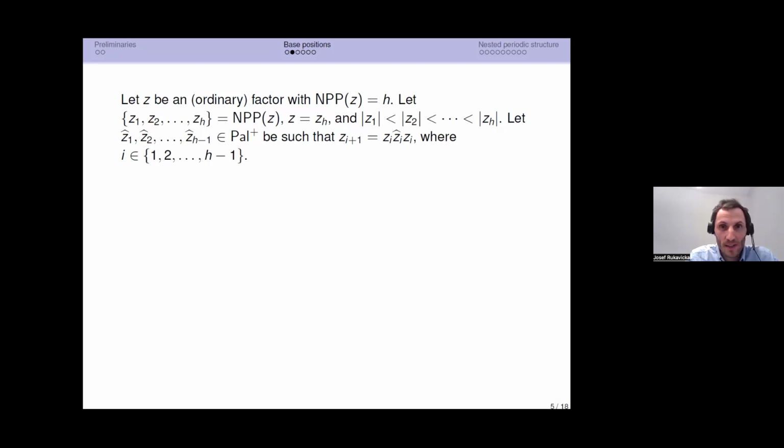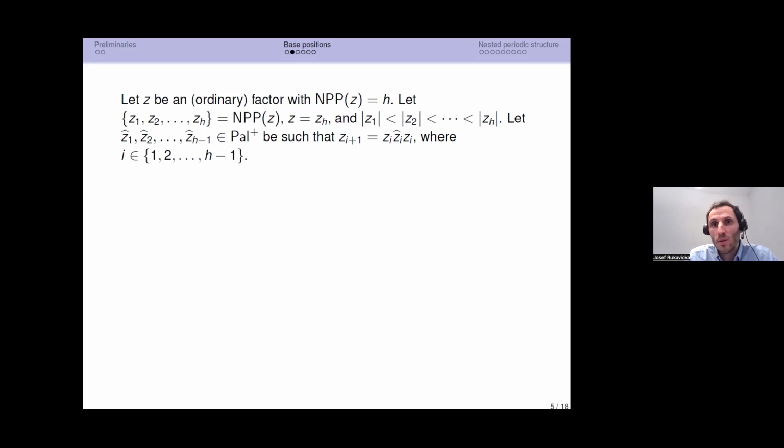And this is the definition: if I concatenate Zi, then Zi with a hat, and then Zi, this concatenation is equal to Zi+1. In the paper, I show that this Zi with the hat is defined and is non-empty.